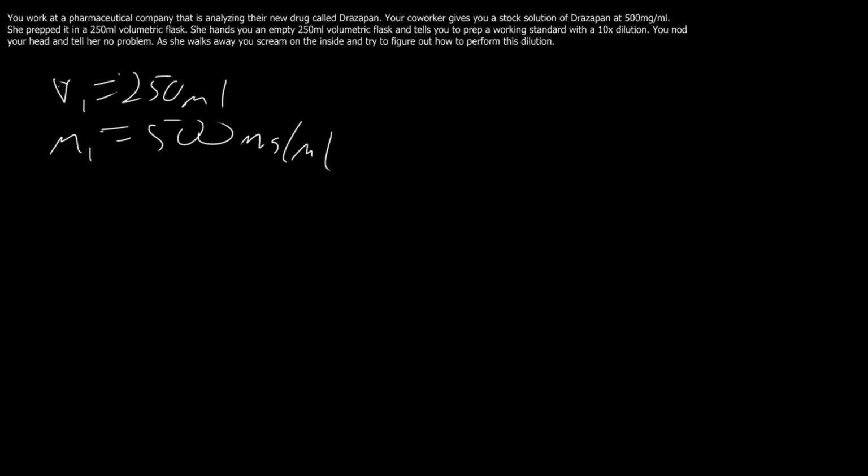We know our initial volume here is 250 milliliters, and our initial concentration is 500 mg per mL, and she wants a 10x dilution. So what does that mean? Well, she wants us to dilute it to 50 mg per mL.